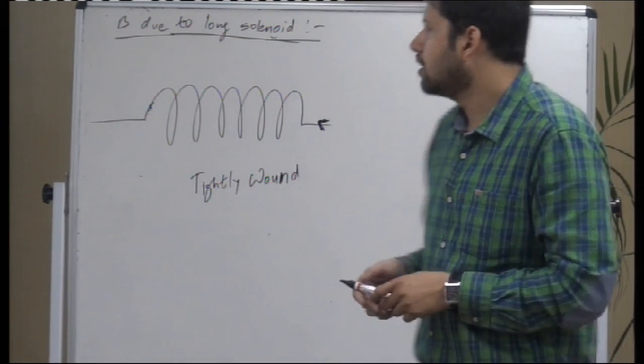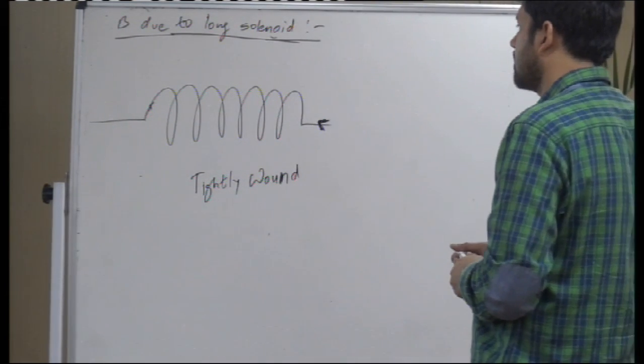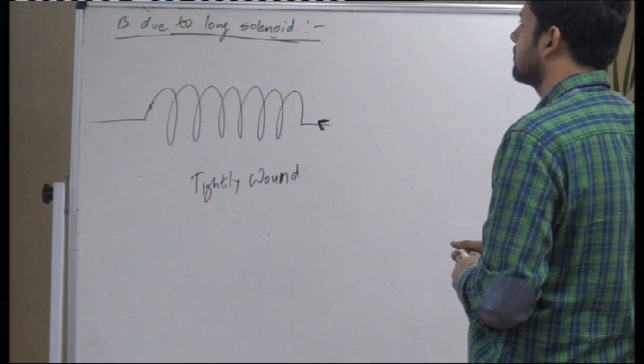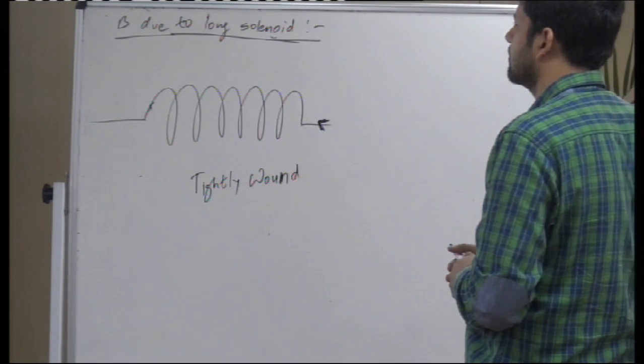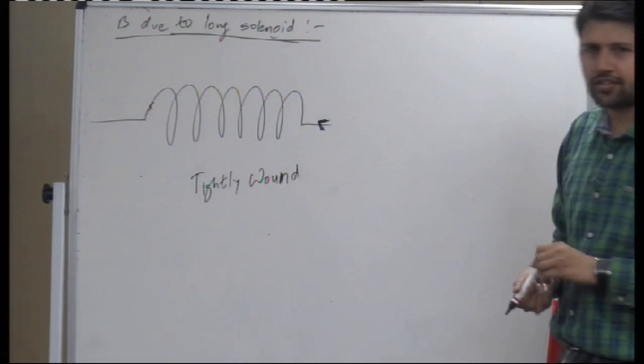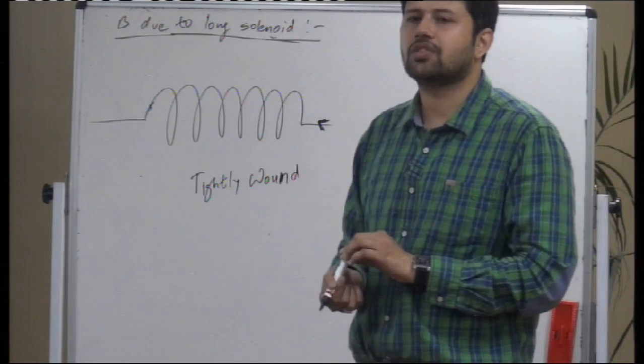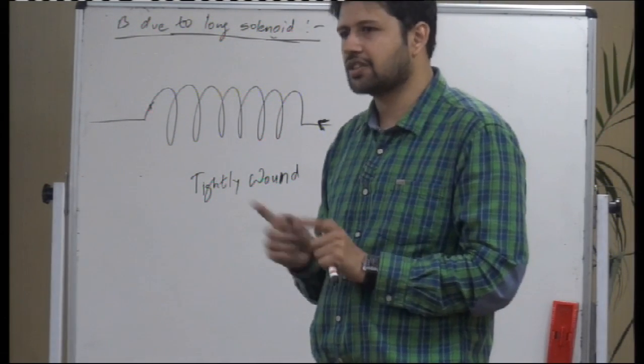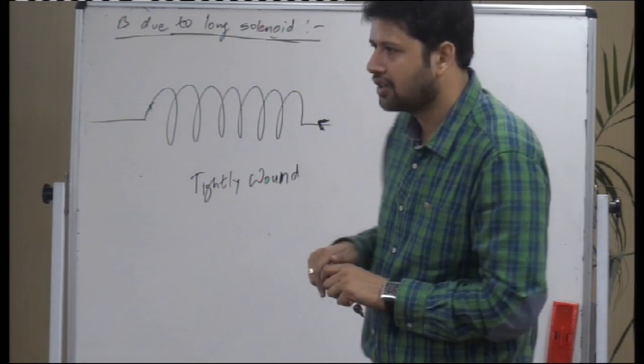Somebody is asking a doubt again: is this formula valid for finite wires? It is valid for an infinitely long wire, but it is not valid for finite wires. That's why I introduced the formula for finite wire earlier.